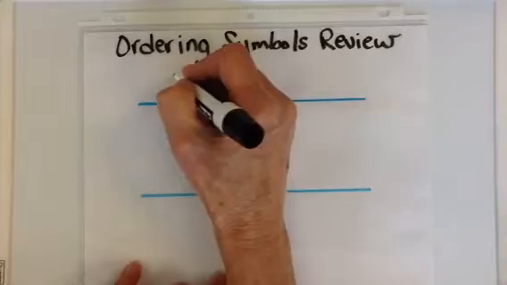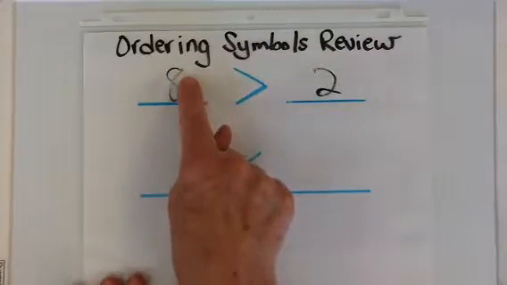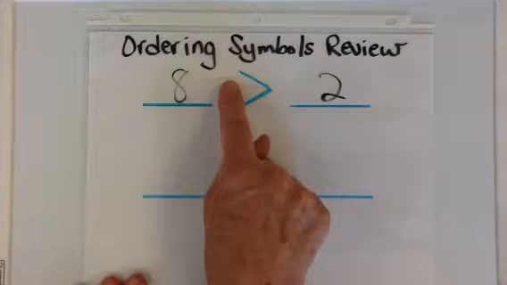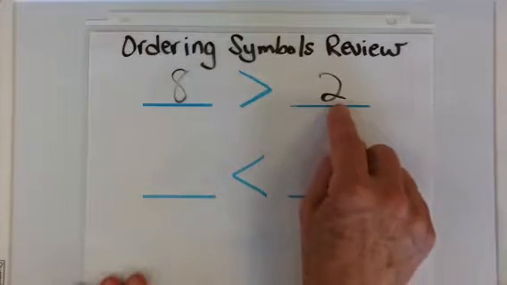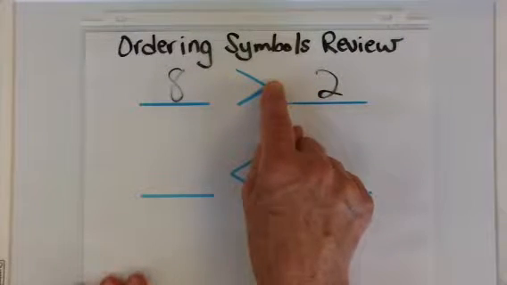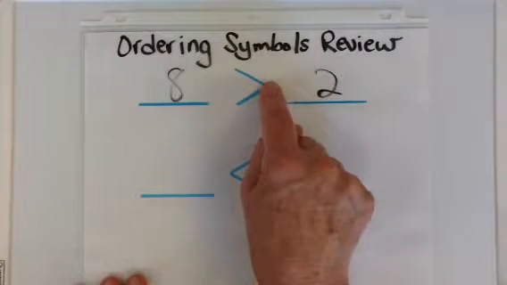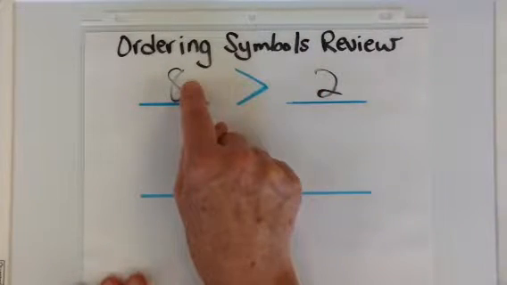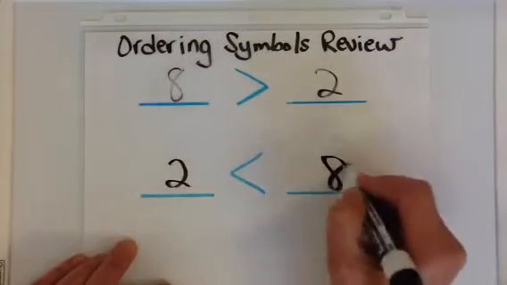So putting back in my 8 and my 2, you could read this as 8 is greater than 2, or if you say the 2 first, 2 is less than, because I hit the pointy end first, 2 is less than 8. Now I'll go ahead and put my 2 and my 8 back.